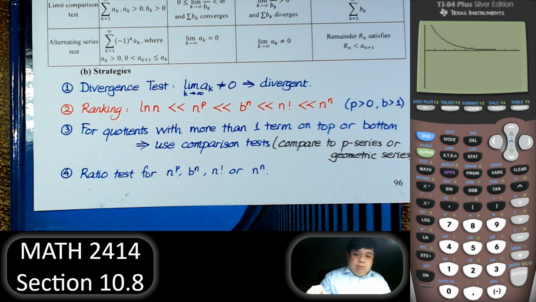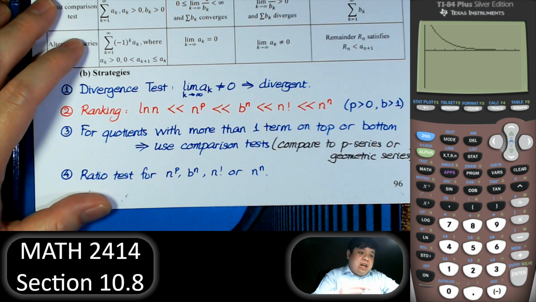Now, out of all this, perhaps the most obvious one is the alternating series test.